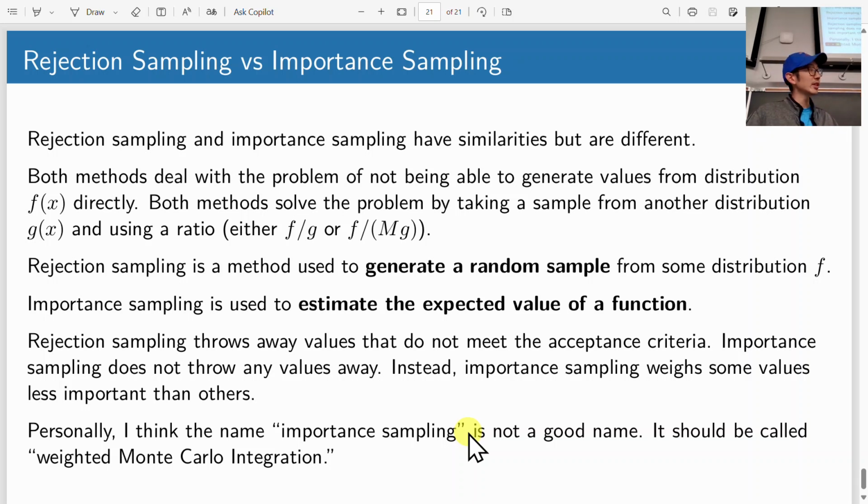You calculate that weight, which is very similar to the acceptance ratio r of x, but values that get created too frequently get weighted less. Values that are not created enough get weighted heavier, and that's what importance sampling does.